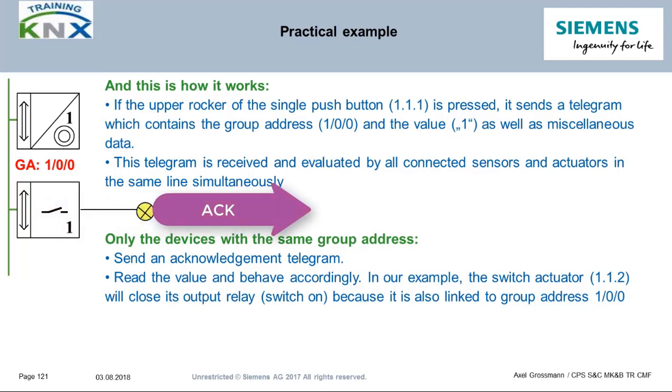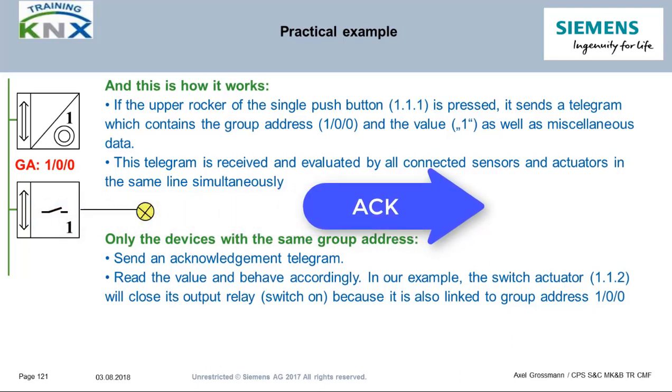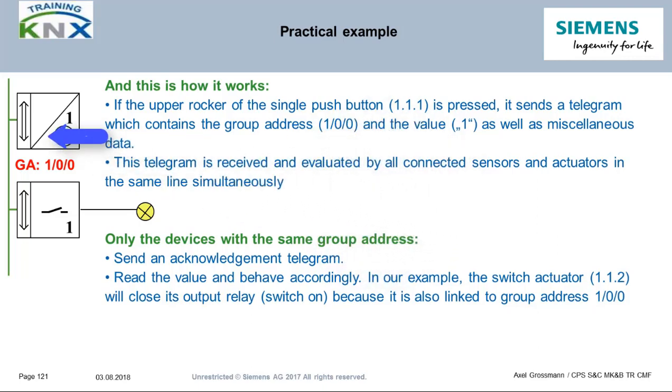Only the devices with the same group address send an acknowledgement telegram, read the value and behave accordingly. In our example, the switch actuator 1.1.2 will close its output relay, switch on, because it is also linked to the group address 100.